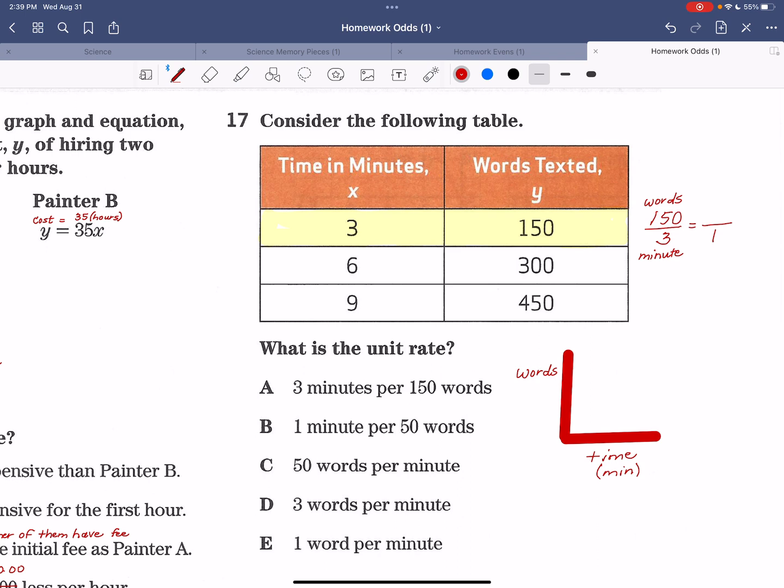Divide top and bottom by 3 and you'll get 50 words per minute. So the unit rate for this one is B. 1 minute, 50 words. When I was in school, it was how many you could type. Now it's how many you can text.